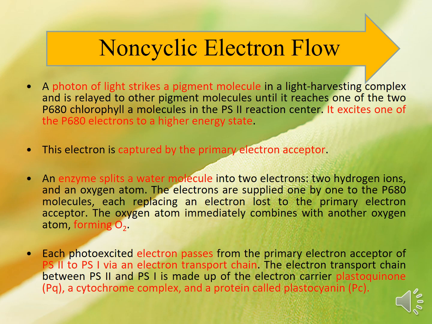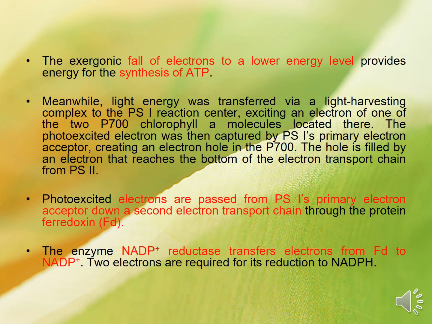So using these electron carriers, they are able to pass the electron along. The process is an exergonic fall of the electron to a lower energy, because if you look at the illustration just now, it goes from the excited primary electron acceptor down to PQ, cytochrome complex, and PC. So from a higher energy level to a lower energy level. Because of that, it synthesizes the ATP.